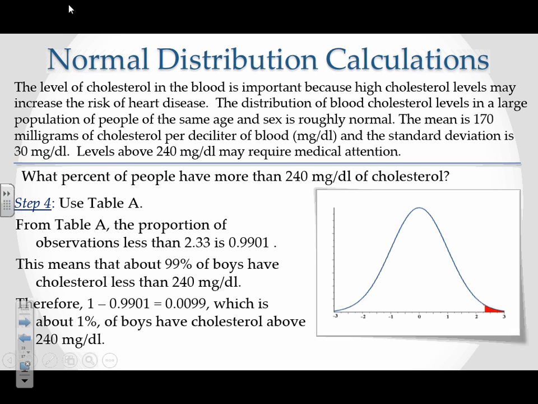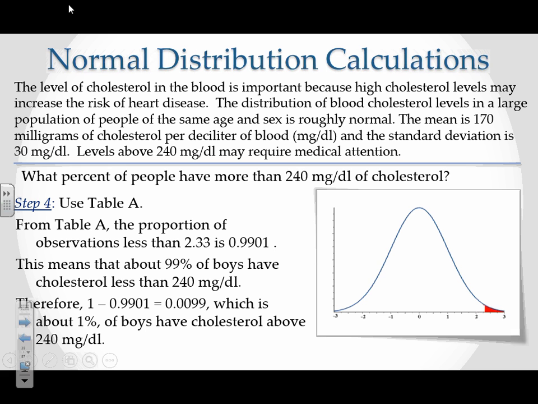Flip over to the negative side and find negative 2.33. Look up negative 2.33 on the table there. And what decimal do you get? 0.0099.